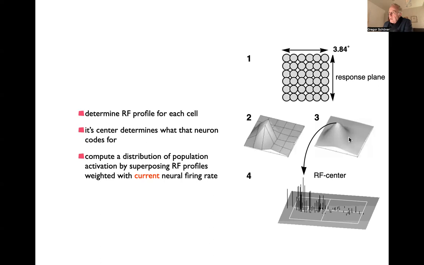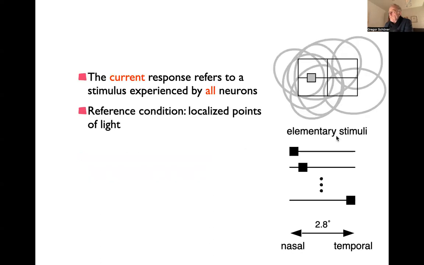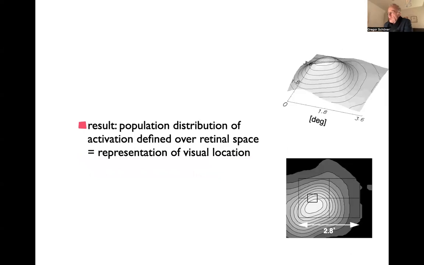So when we apply this whole field, we can make this into a continuous representation, and that would be an example. It's just superposing all the receptive fields. This is a 3D plot. This is a contour plot.